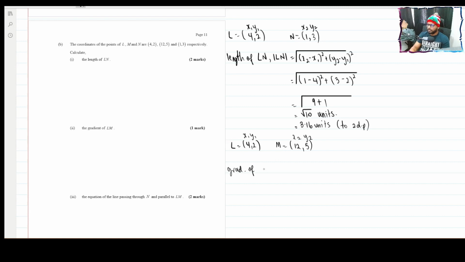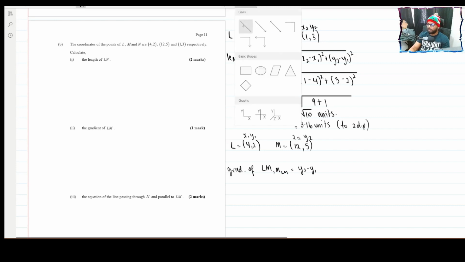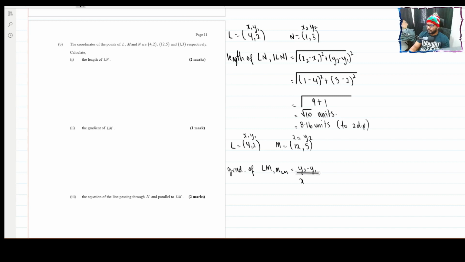The gradient of LM, symbolized as m, and I put a subscript LM to name the line, is equal to y2 minus y1 over x2 minus x1. 5 minus 2 is 3, 12 minus 4 is 8, so 3 over 8, we're good to go. Please, for coordinate geometry, we do not like decimal places at all, at all, at all. So refrain from using decimal places in your answer.